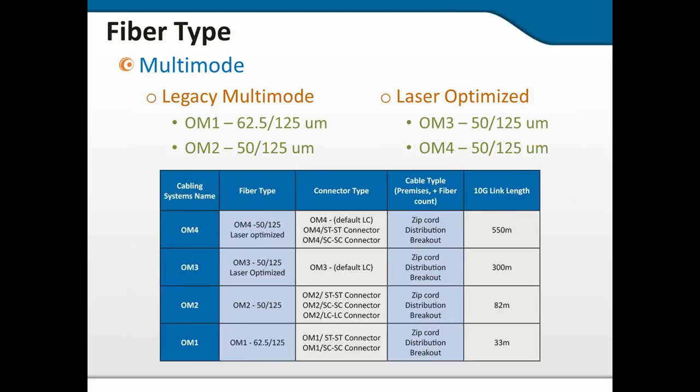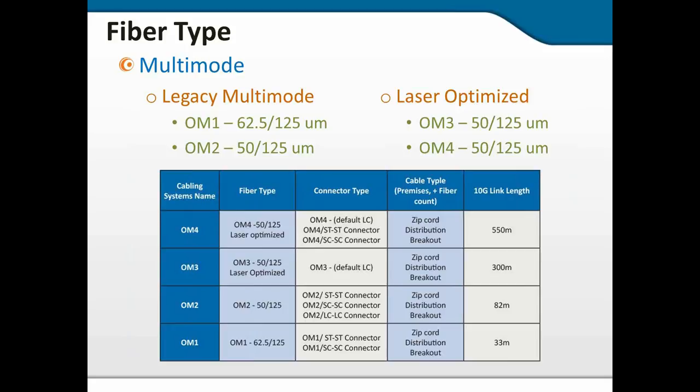If you're trying to push anything more than 10 gig on OM1 or OM2, you're going to be pretty much shackled. And you're going to have to look at either shortening your spacing, putting in more switches, or going to the higher cost of VCSELs and then the OM3 and OM4 laser optimized type of fibers.